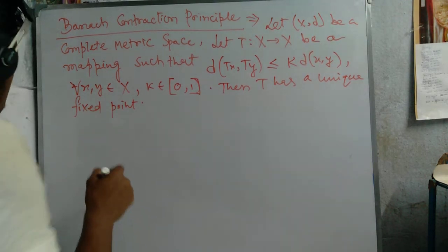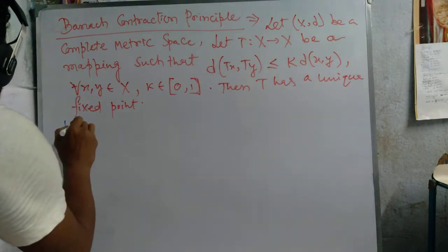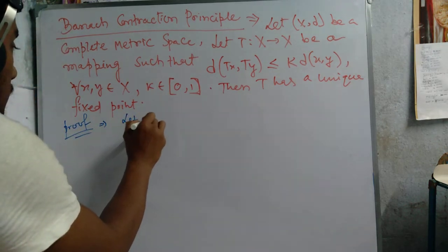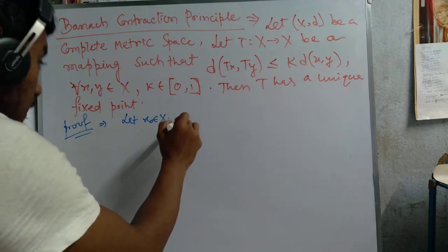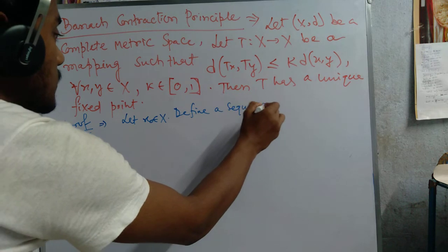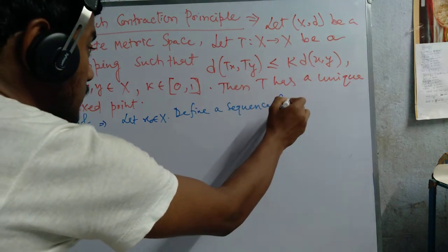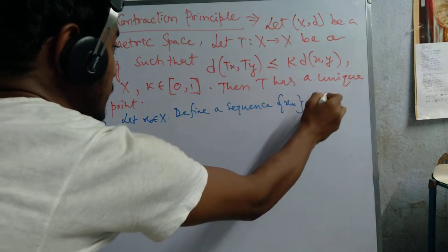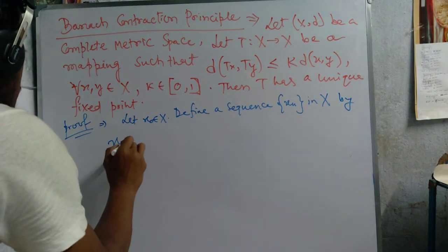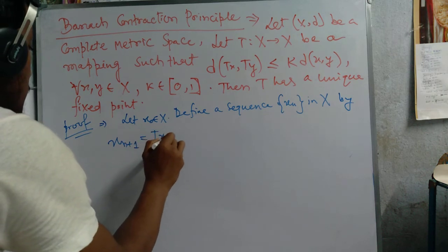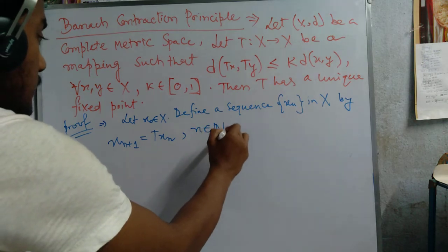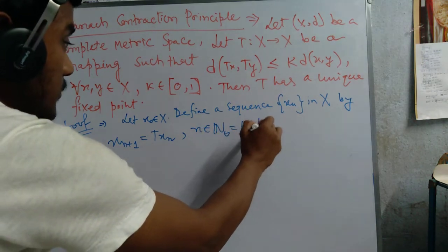Now we go to the proof of this fixed point theorem. Let x0 belong to X, then define a sequence x_n in X by x_{n+1} equal to T x_n, for all n belonging to N union {0}.